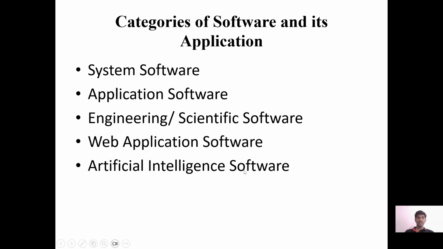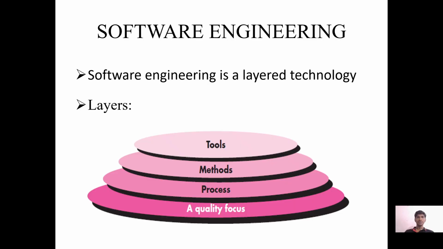Next is artificial intelligence software. The application includes areas such as robotics, expert systems, pattern recognition, artificial neural network, theorem proving, game theory, etc. Not only limited to this, you'll be having vast applications for artificial intelligence softwares.